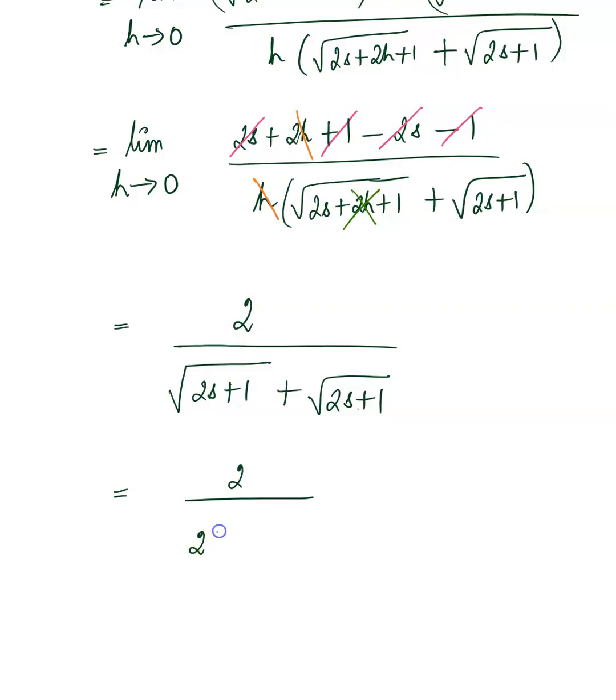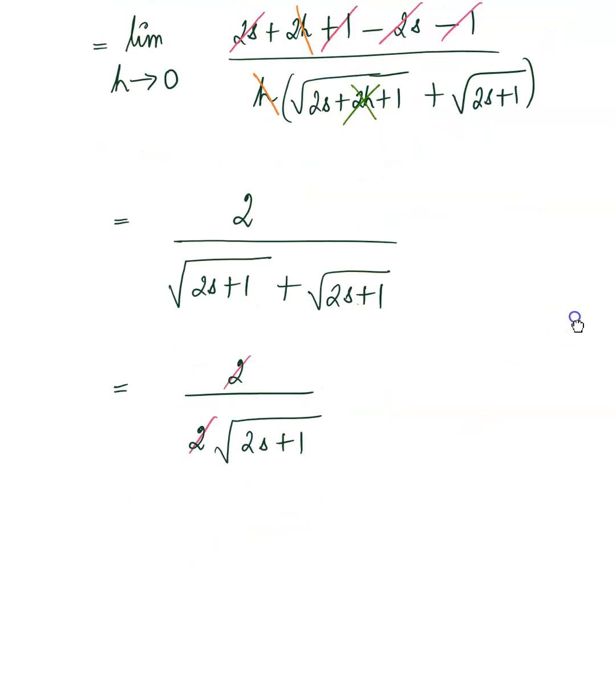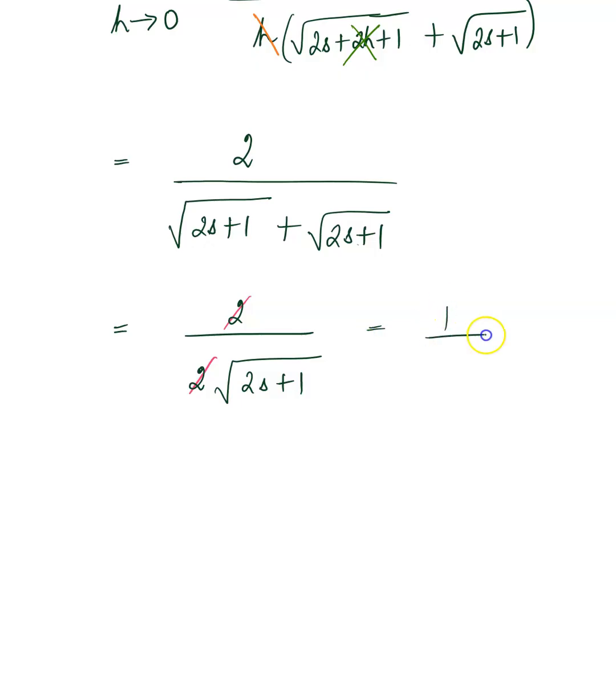Like radicals are radicals that look alike, they must have the same root and the same radicand, and that's what we see here. And therefore we have 2 times the square root of 2s plus 1. And that also cancels off with the 2 on the top. And so we're left with 1 over square root of 2s plus 1.